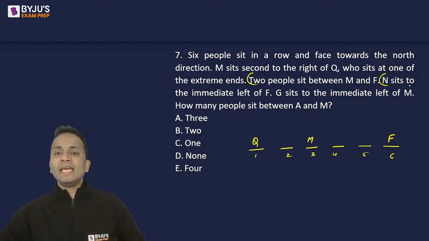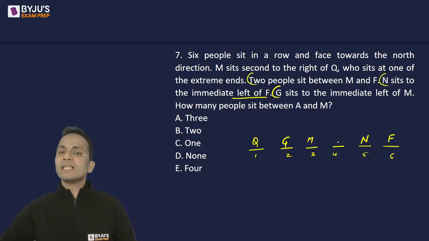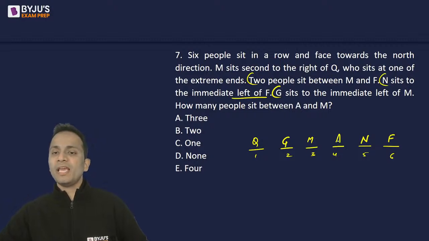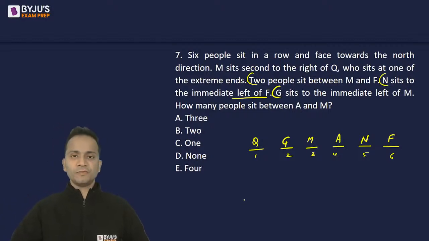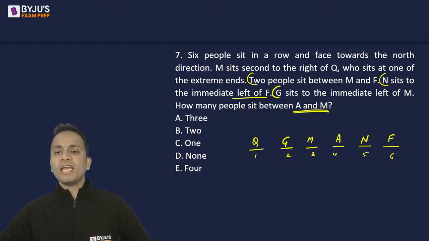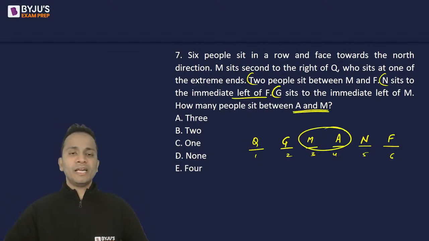Done. N sits to the immediate left of F. So N immediate left of F. G sits to the immediate left of M. G will sit here. And the last person remaining, that is A, will sit at this chair. How many people sit between A and M? A and M are adjacent to each other.